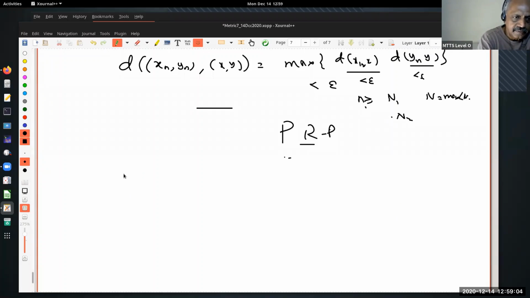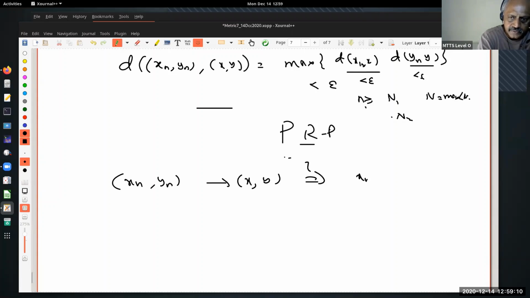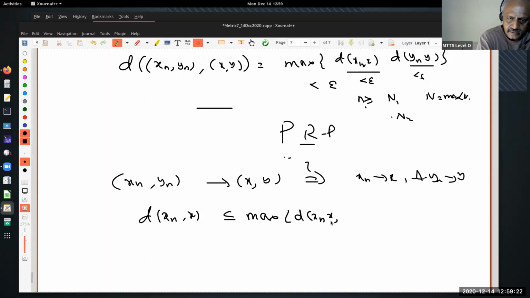Other way around, suppose (x_n, y_n) converges to (x, y). Does that imply x_n converges to x and y_n converges to y? That's very easy because I have to estimate d(x_n, x), but notice that that's less than or equal to the maximum of d(x_n, x) and d(y_n, y), but that is d of (x_n, y_n) and (x, y).